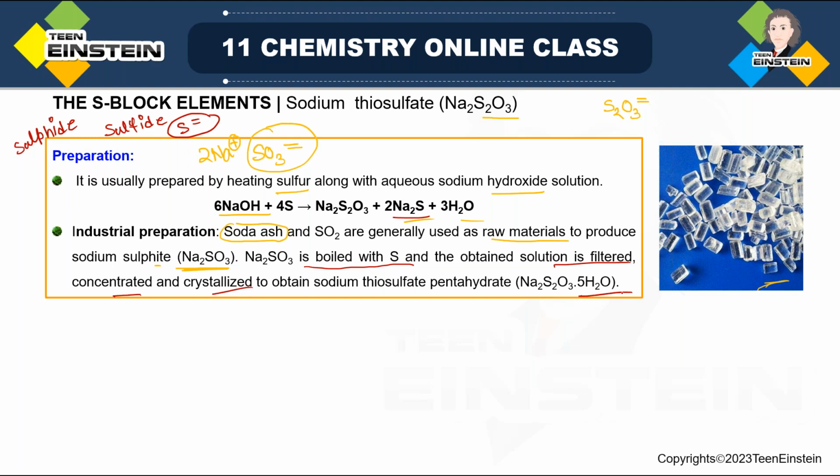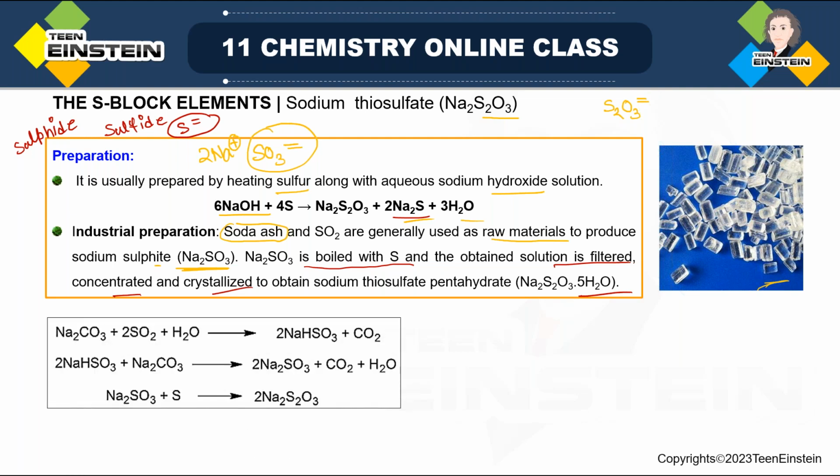Just as you have seen in the case of Na2CO3, where 10 water molecules are attached, now there will be 5 water molecules attached with Na2S2O3. That is why we call it thiosulfate pentahydrate. Okay.